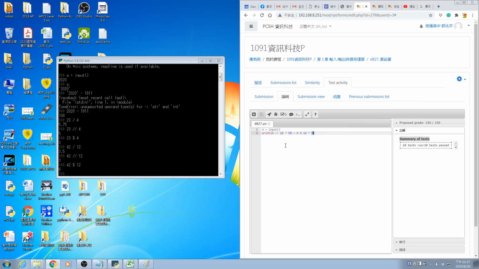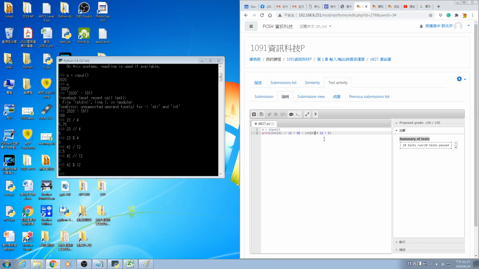So what do we do? We convert the n into an integer. So is that it? No, you need to do it a second time here. We need to convert this n into an integer again.